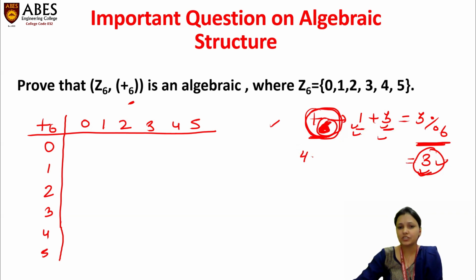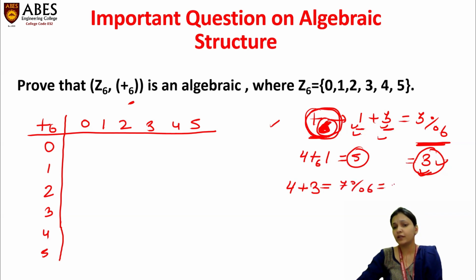When we simply add 4 and 1, we get 5, and when we divide 5 by 6, we get 5 as the remainder. One more example: 4 plus 3, we will get 7. And if we divide 7 by 6, what will be the remainder? We will get 1 as the remainder.